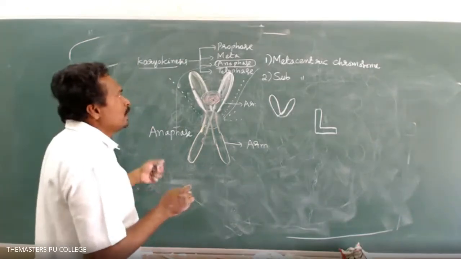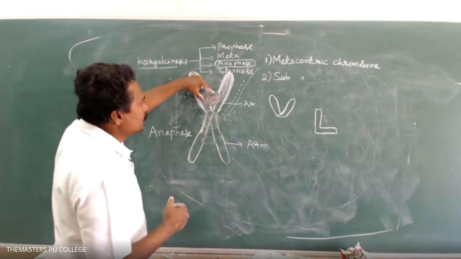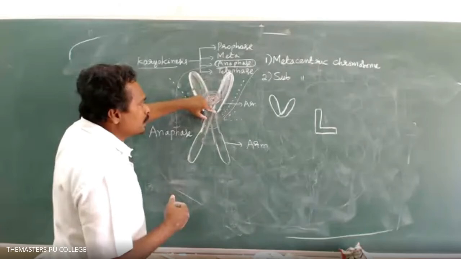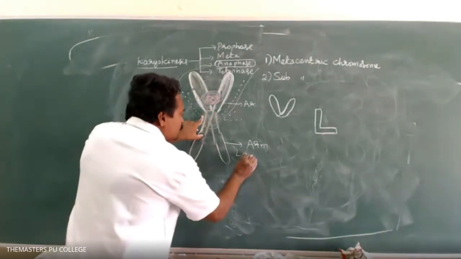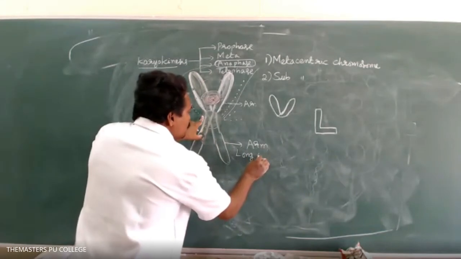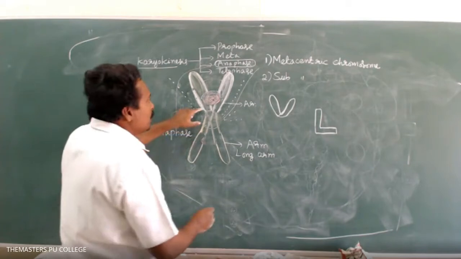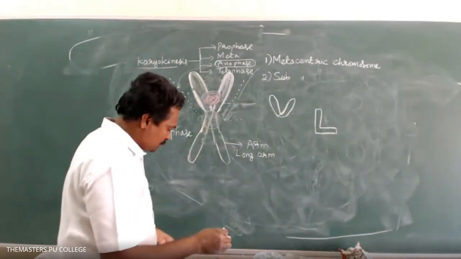Yes, sir. Thank you, sir. Okay, very well. So in a submetacentric chromosome, the centromere is slightly away from the center, and here one is the long arm and another one is the short arm. Equal arms are present in which chromosome?